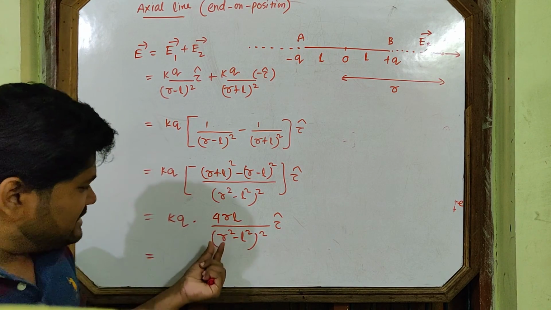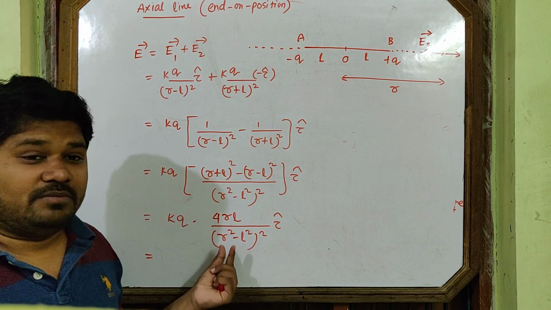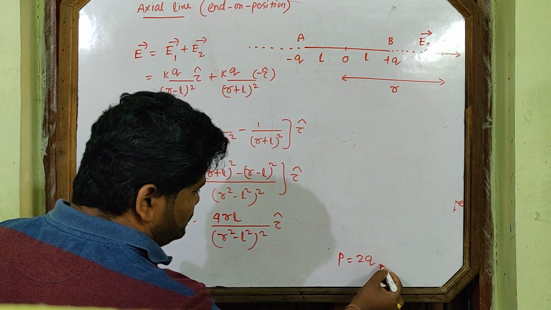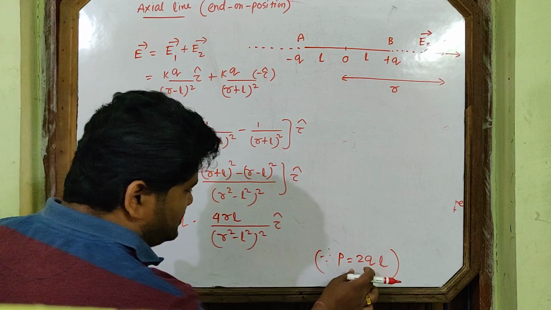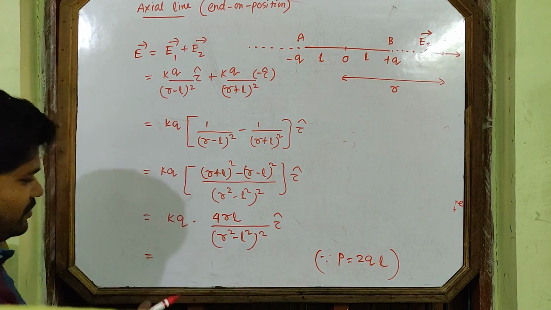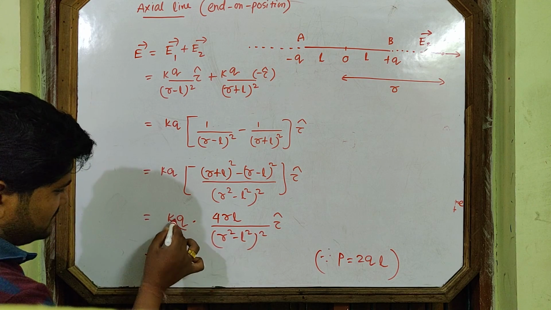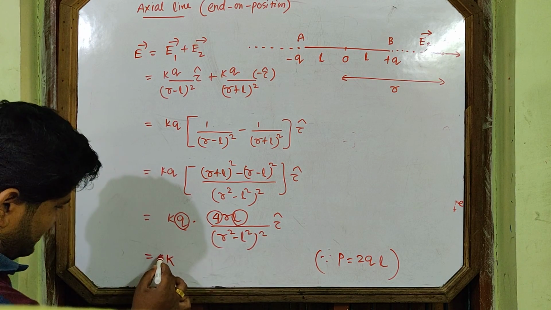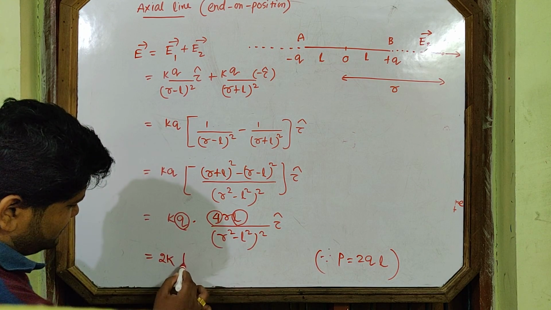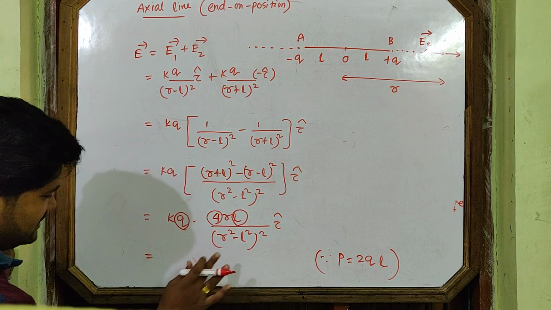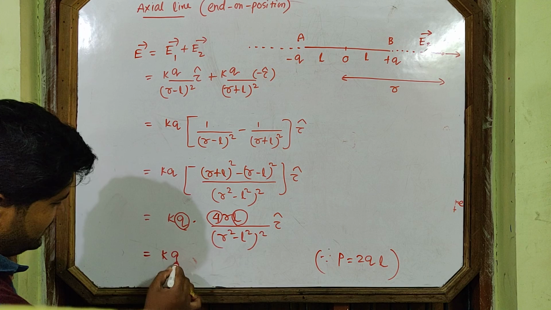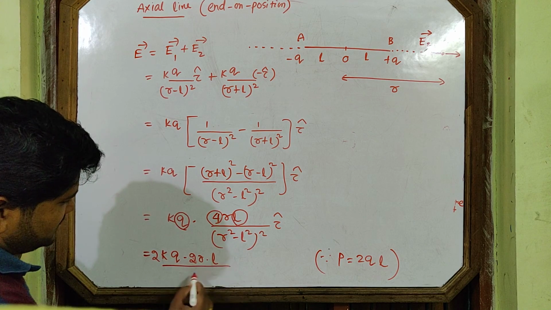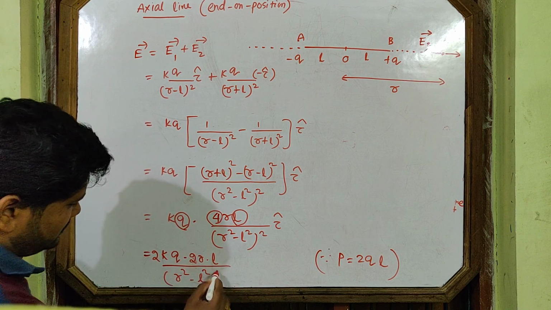Now let us simplify this formula in terms of dipole moment. For dipole moment P, I need P is equal to 2QL. Just before I told you P is equal to 2QL. We will bring here 2QL. This 4 you split into 2 times 2. So K, this is Q, this is L. Let's do one more step properly.